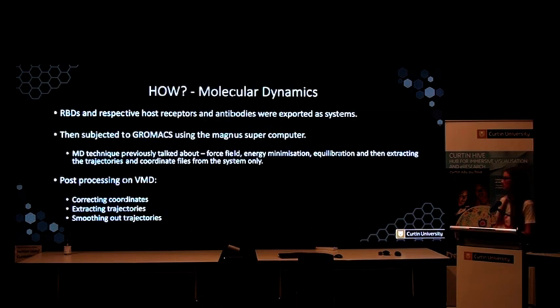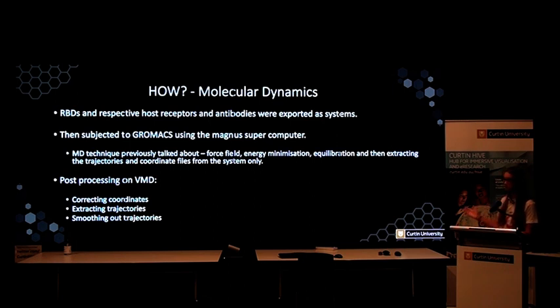So how did I incorporate molecular dynamics? The RBDs that were made in the static structure were exported as systems with their respective receptors and antibodies, and then they were subjected to GROMACS using the Magnus supercomputer.